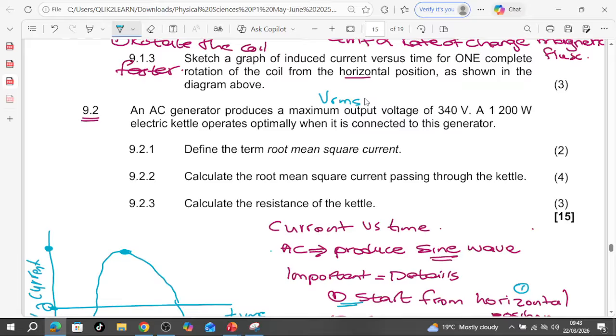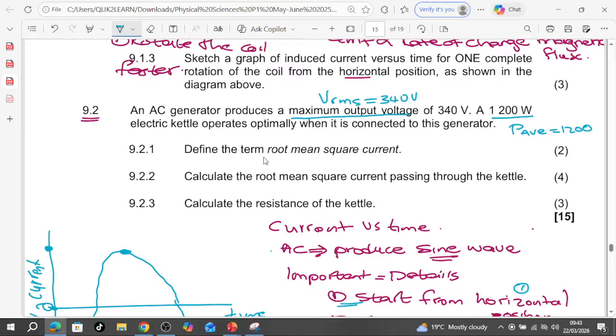The VRMS is given as 340, so this is 340 volts. And then a 1200 watt electric kettle operates optimally when connected to this generator. So this here is my average power, and the P average is given as 1200.